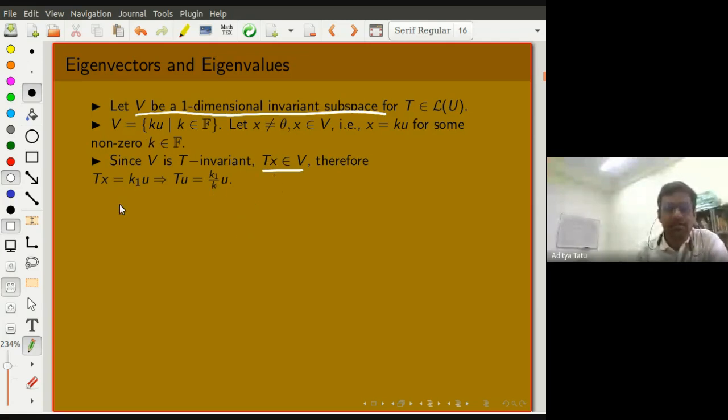And therefore Tx has to be equal to possibly a different scalar times U, so some k1 times U. Then if I substitute X equals kU in this equation, I'm going to get Tu equals k1 by k times U. There is no issue over here because k is non-zero, right? That is something we know.